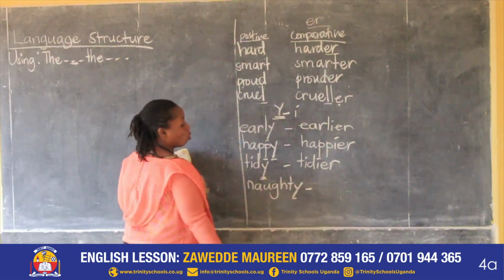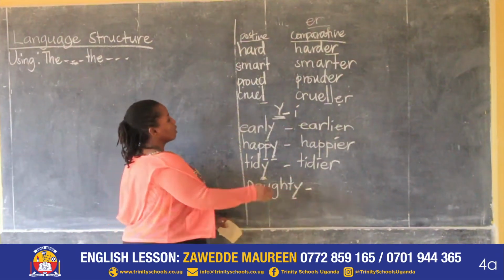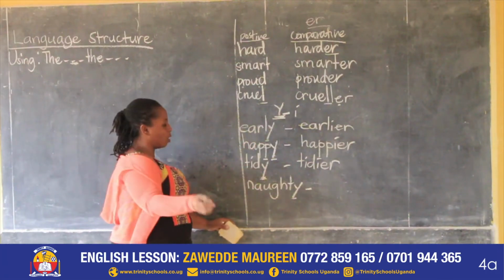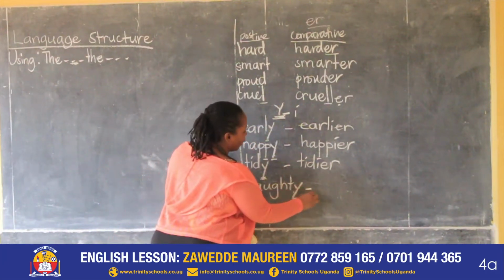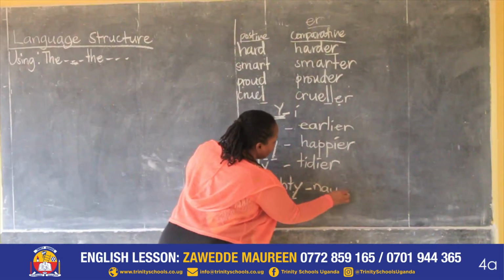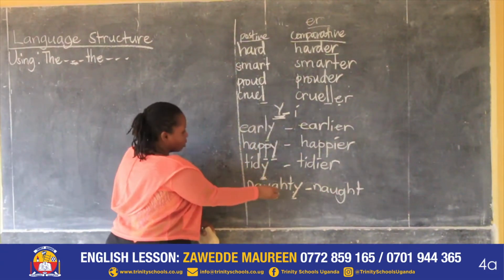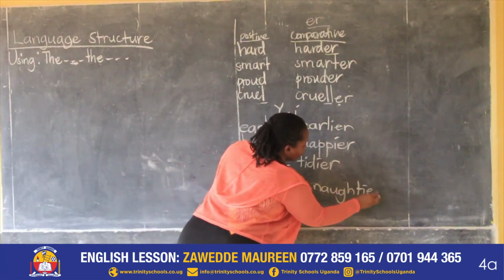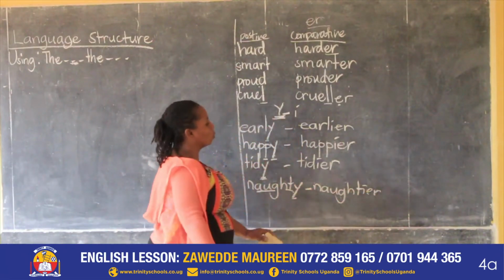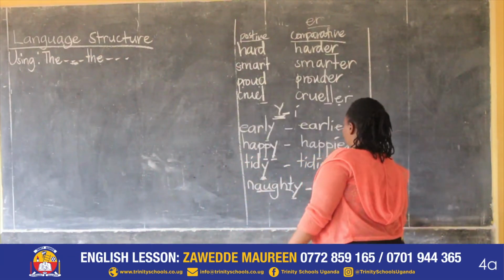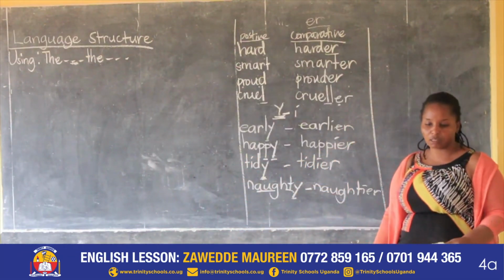But you remember the concept that the teacher has given: once it ends with letter Y and it has two syllables, you just change Y into I. Naughty, naughtier. We need to be faster with our list, so you can add on as many as possible once they fall in that category.